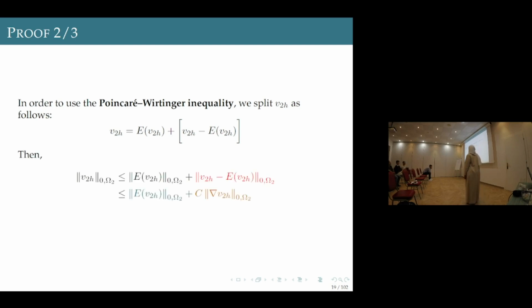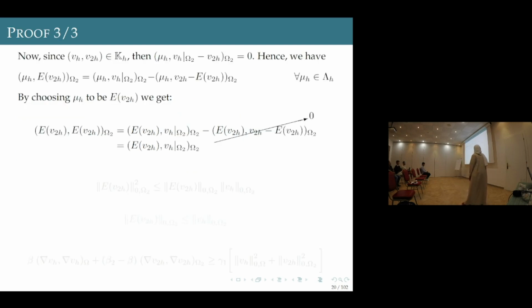Then we have that the L2 norm of the left-hand side, using the triangle inequality, is the L2 norm of the first term plus the L2 norm of the second term. And for this red term in here, we can apply the Poincare inequality now, and we get this term here. So what is left is this blue term in here, and I would love to have here the L2 norm of VH, not V2H, VH, okay? So we will do that now.